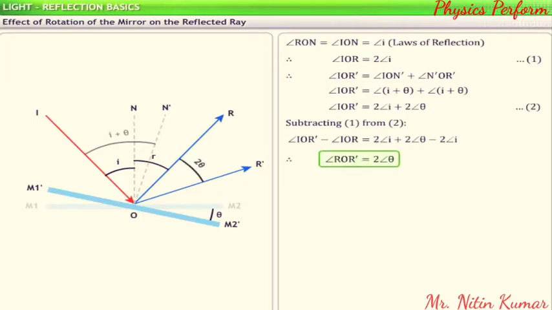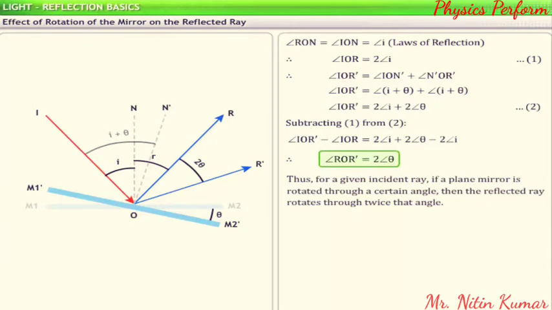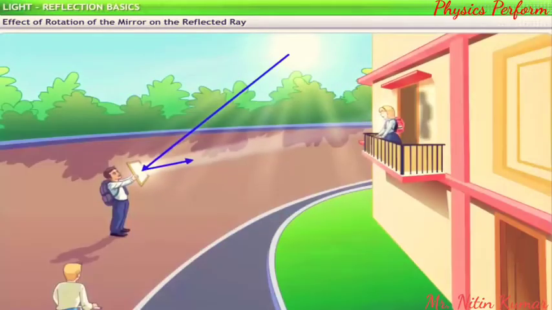Therefore, angle ROR' is equal to 2 theta. Thus, for a given incident ray, if the plane mirror is rotated through a certain angle, then the reflected ray rotates through twice that angle.